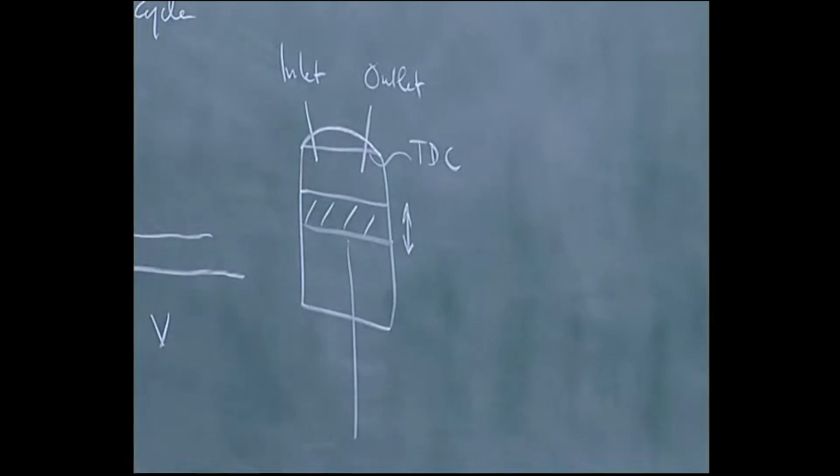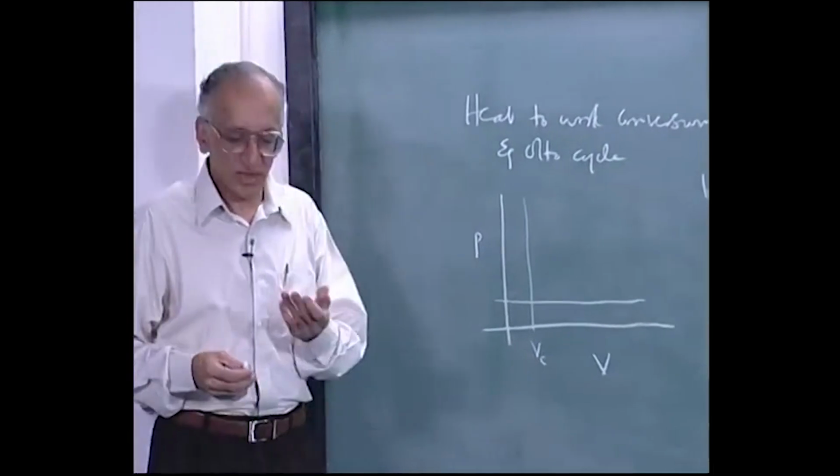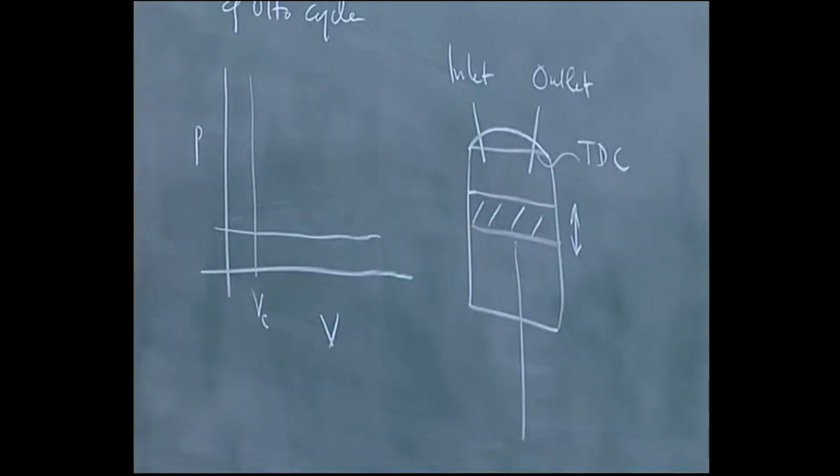One of the achievements of Japanese manufacturers is to reduce the clearance volume and show you the efficiency increases tremendously. So there is a clearance volume, this is a design specification, you can make it as small as you are capable of. It can't be made 0, but subject to that.